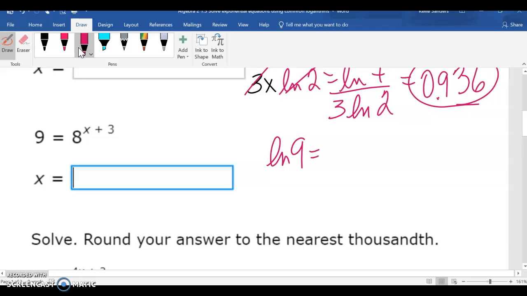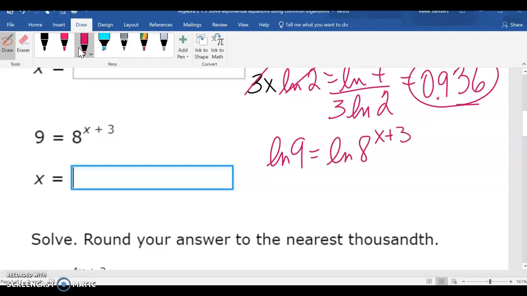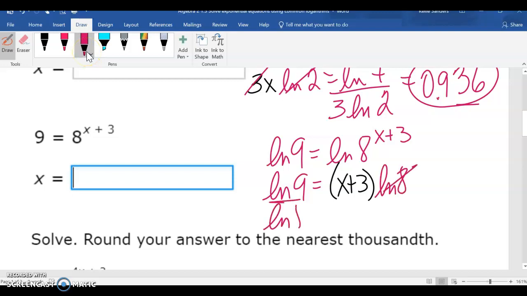Natural log 9 equals natural log 8 to the x plus 3. Natural log 9 equals, the x plus 3 must stay together, so I'm going to put parentheses, equals natural log 8. So I'm going to divide by natural log 8.